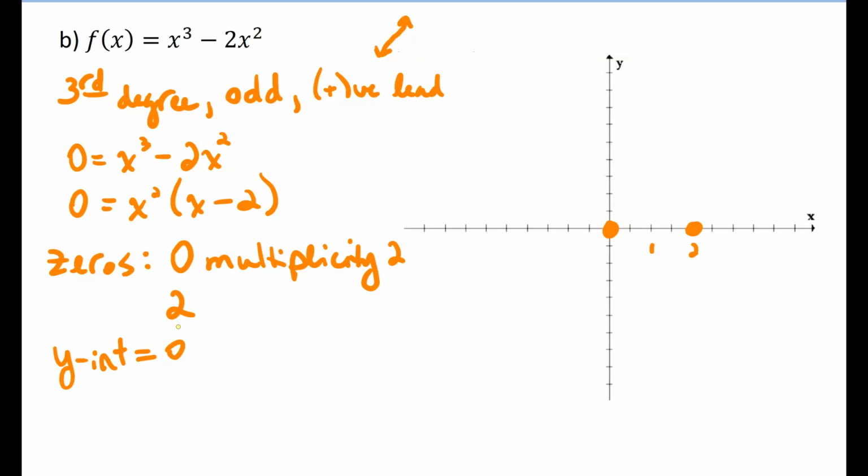And again, I don't want to spend time doing sign analysis on the outside because I already know if I go to my rightmost x-intercept, what direction should I be going? Up. So we already know we're going up here. And from the left one, we should be going down. So now there's just the question of what is happening in between.